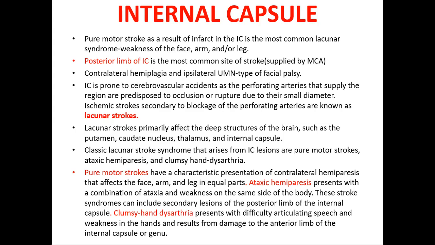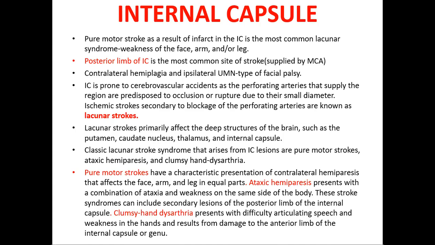So we have something known as lacunar strokes. These are ischemic, because of inadequate supply of blood to a particular area of the internal capsule, where we can see blockage of the perforating arteries. We call it lacunar strokes, which is one type of cerebrovascular accident.